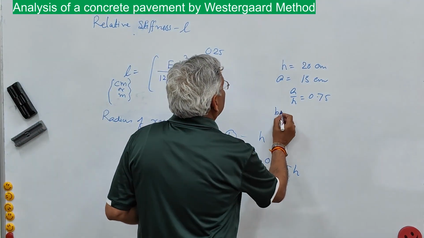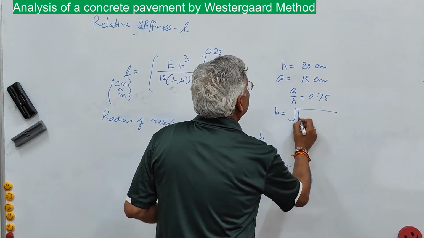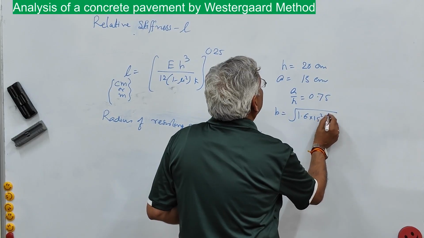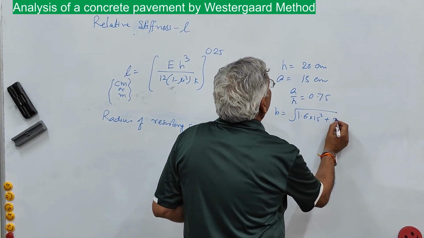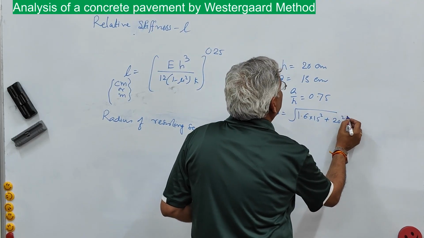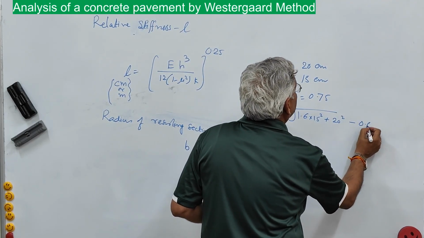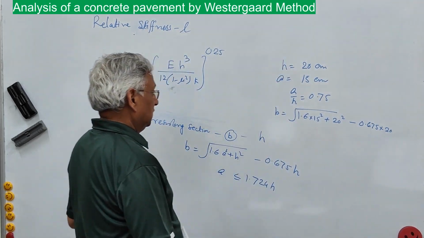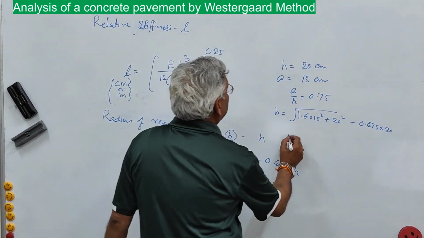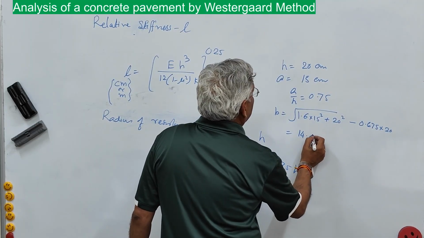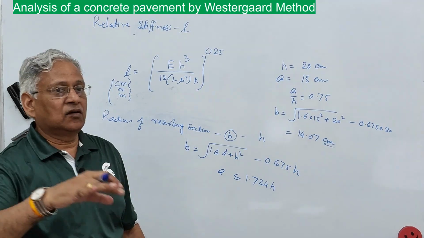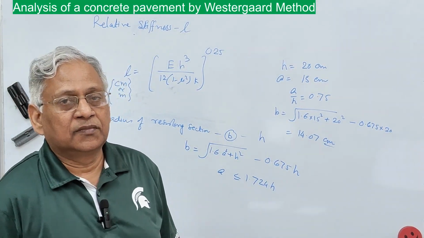If you put all these values here, 1.6 into 15 square, that is a square, plus 20 square, that is h square, minus 0.675 into 20, the value of b is 14.07 centimeter, slightly less than the radius of the loaded area.